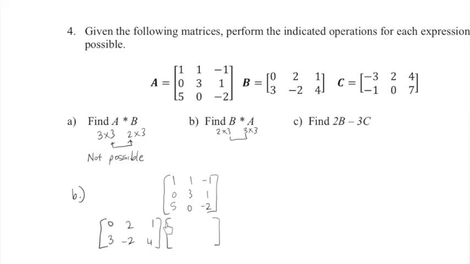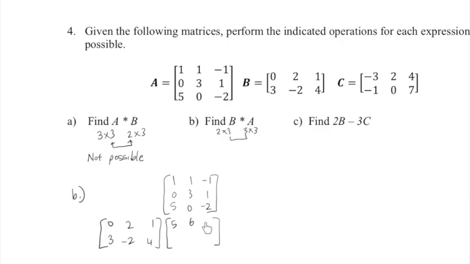So this entry here is going to be a combination of this row and that column. So 1 times 0 is 0, plus 0 times 2, that's 0, plus 5, so 0 plus 0 plus 5. This entry is a combination of that column with that row, so 0 times 1 is 0, 2 times 3 is 6, 1 times 0 is 0, so 0 plus 6 plus 0 is 6.